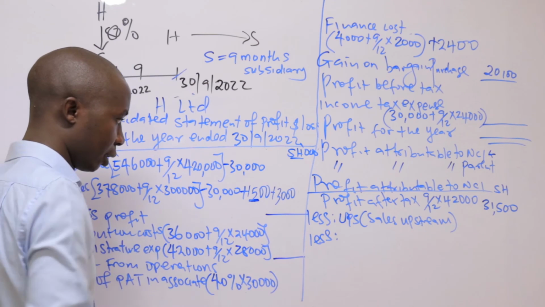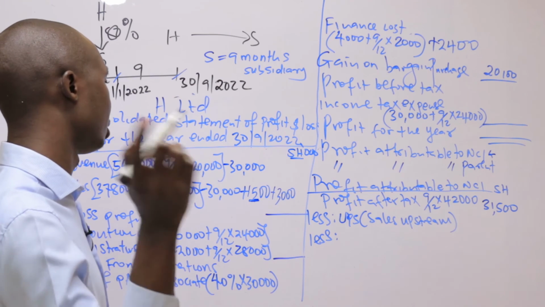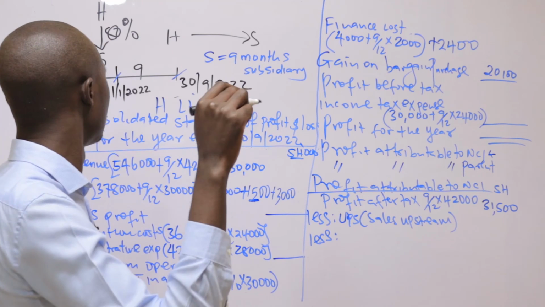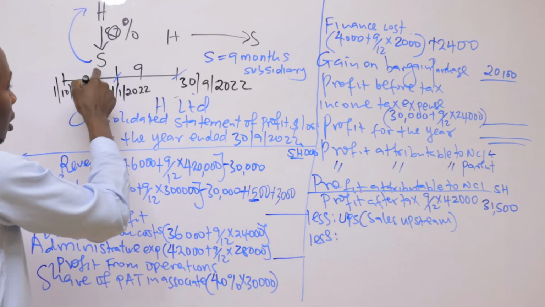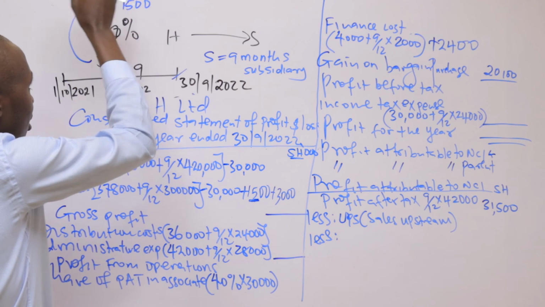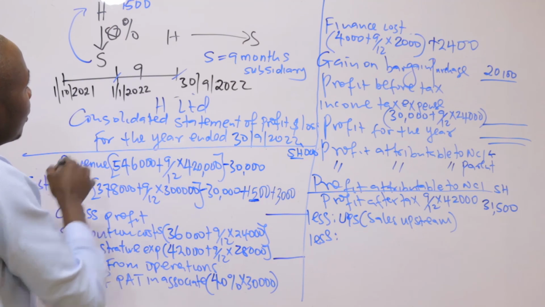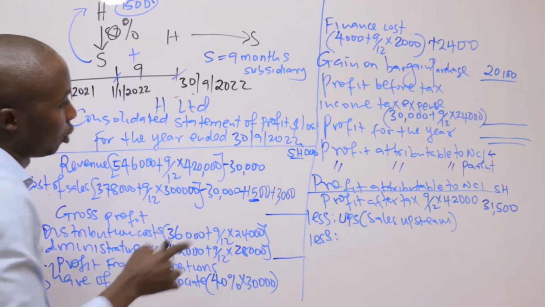This profit is overstated in S, because the sale was this way. S realized the total profit, but there is 15 unrealized here. So this profit is overstated, and we need to minus.